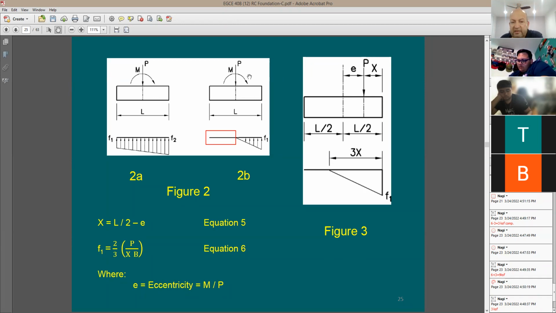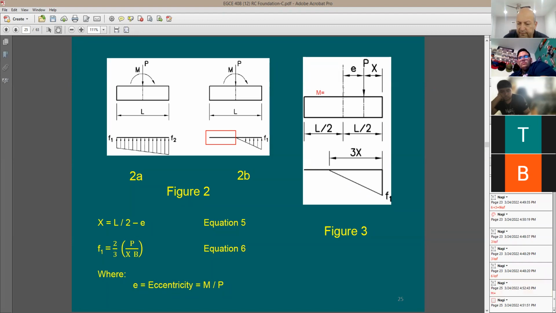So you understand that here, when I have moment and axial load, I can say moment M equals P times E, which is interesting. Understand that? And how much is this X?